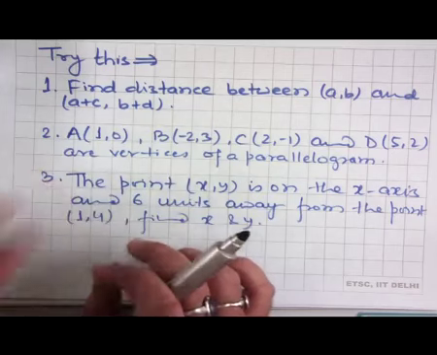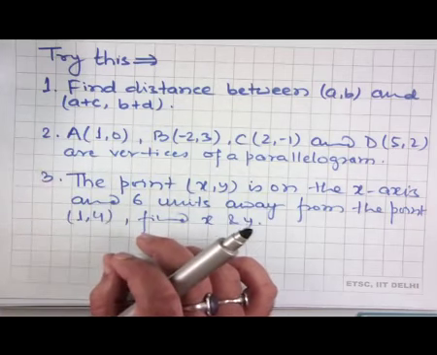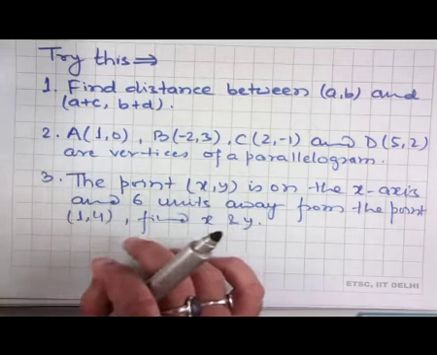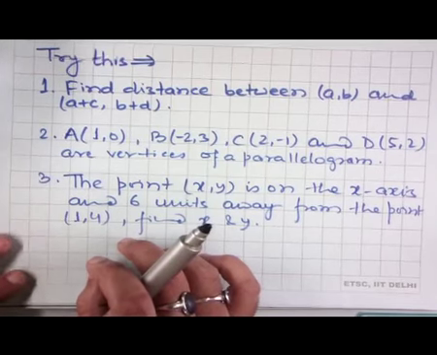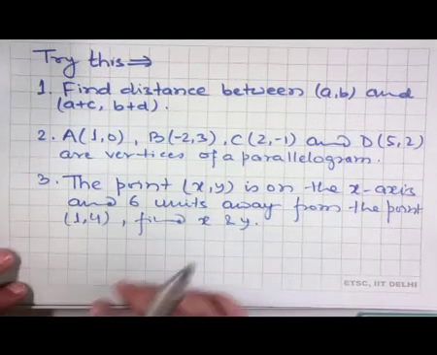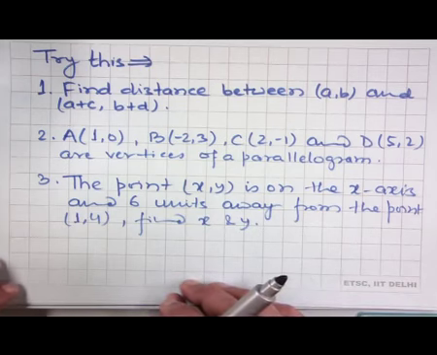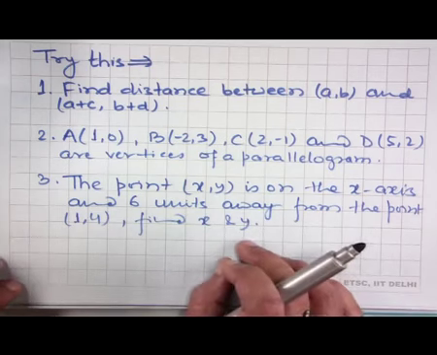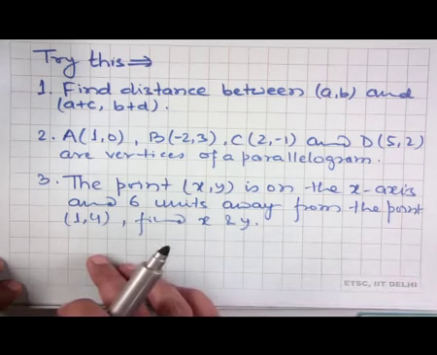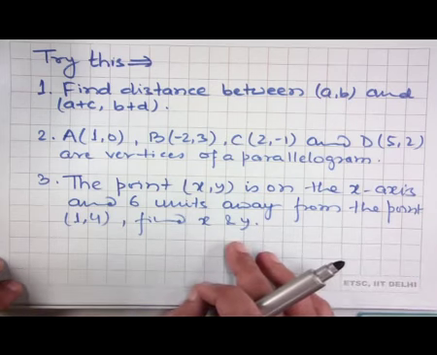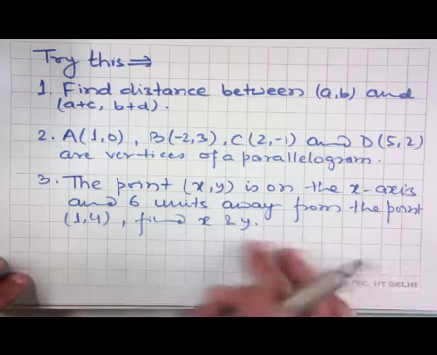We have to use here the distance formula as well as the properties of a parallelogram. And the third one is, the point (x, y) is on the x-axis and 6 units away from the point (1, 4), find (x, y).